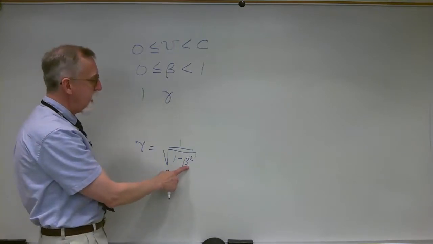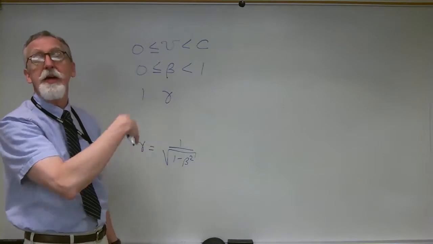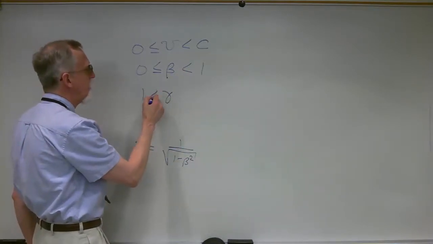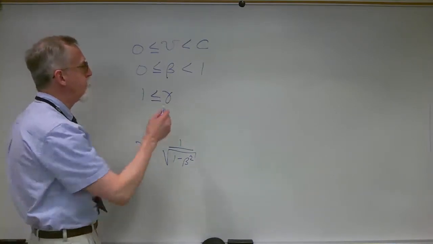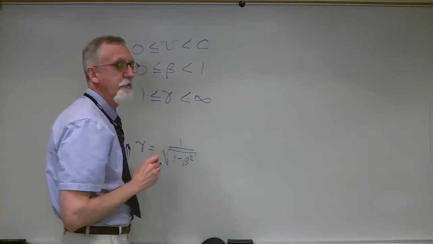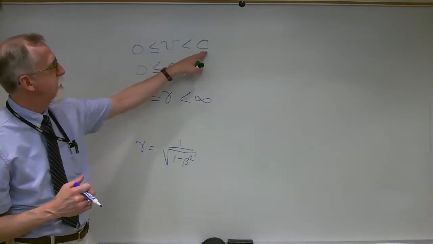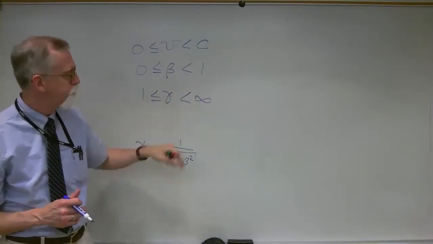So when beta is 0, gamma will be 1, but as beta approaches 1, gamma gets very large, or we'll just say approaches infinity. So gamma will have values that are greater than or equal to 1, and then up to infinity. It just gets bigger and bigger. As the velocity approaches c, beta will approach 1, gamma will approach infinity.